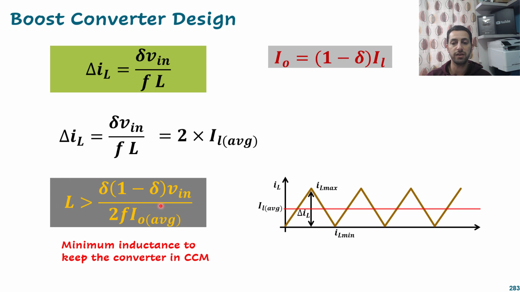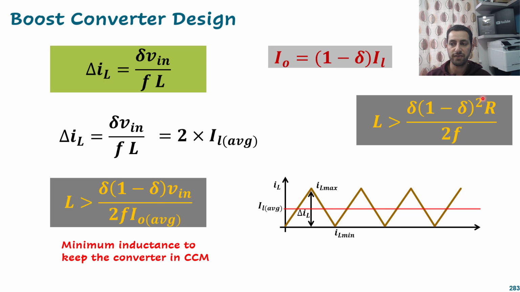And that relation applies if you know the V input, the delta, and I output. But if you want this relation in terms of the output resistance or the load resistance, you can convert the V input by knowing the relation between V input and V output, and also I output, and you can get this relation. So you can use that relation, or you can use that relation, according to what is given to you.